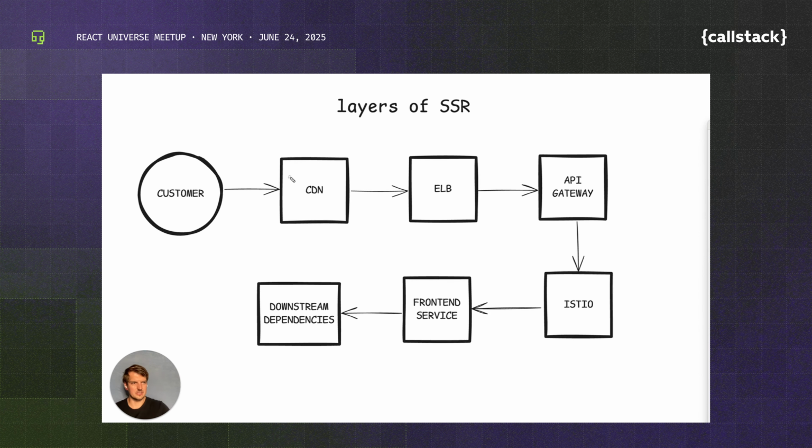So what's actually going on during server-side rendering? What's making these applications, or these pages, feel so slow? Here we have the flow of a customer to its downstream dependencies. You can see that it actually goes through quite a few hops.